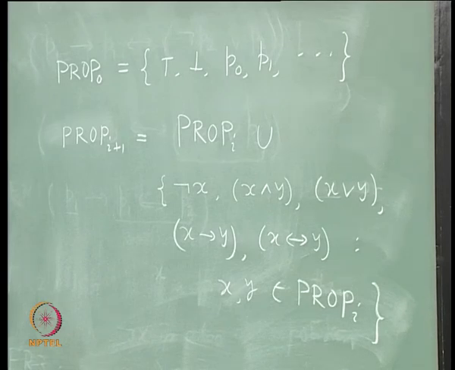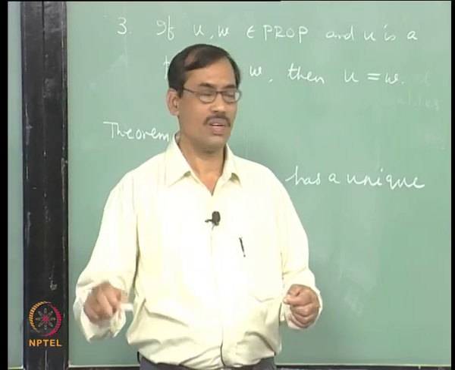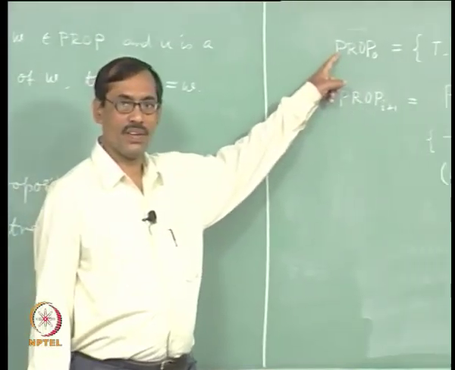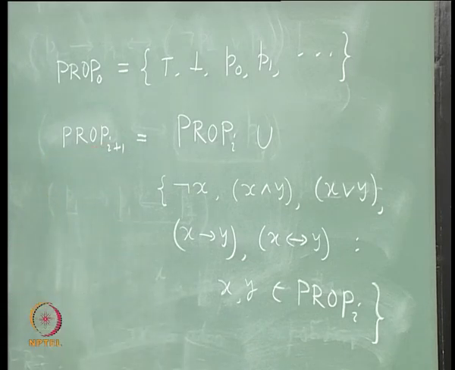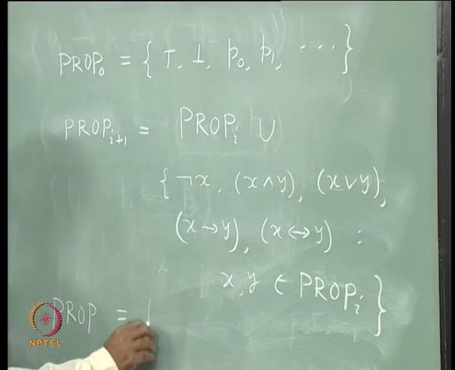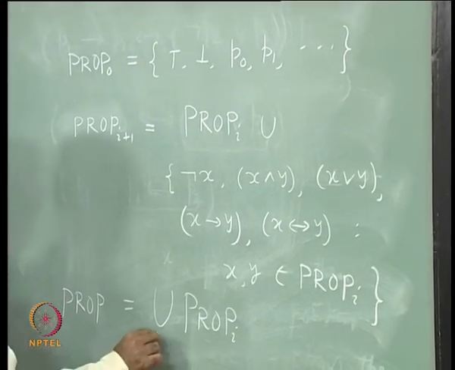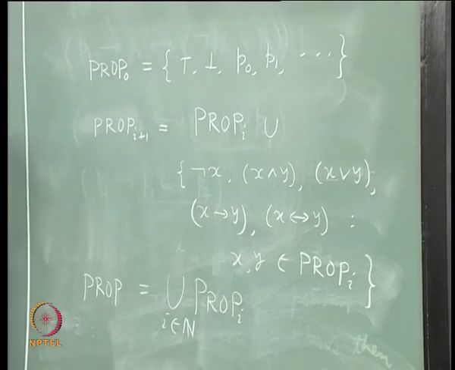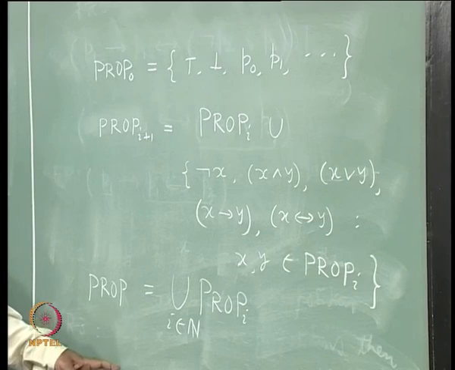So, this I here indeed gives you the depth in that parse tree. Can you see? So, the leaf level will be covered by prop 0, go to the next level, that will be covered by prop 1 and so on. So, that gives you the depth. Then finally, you say that prop, or the set of all propositions, is equal to union of all these. So, recall N is our set of natural numbers including 0.